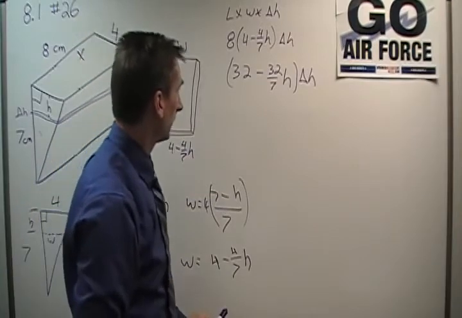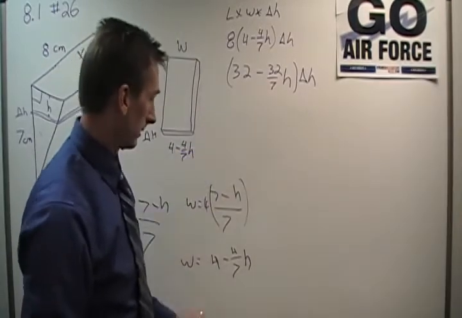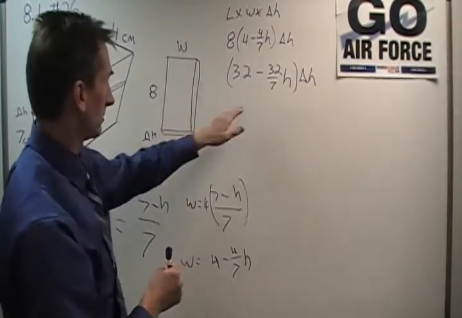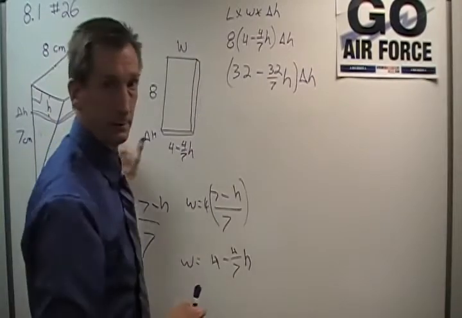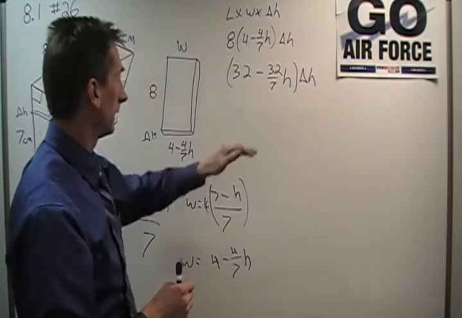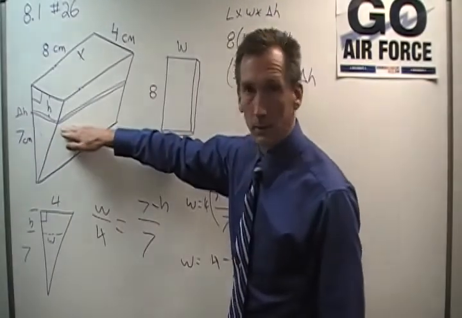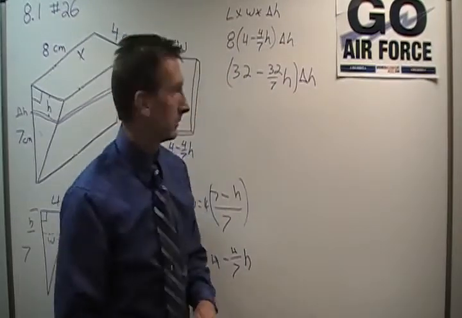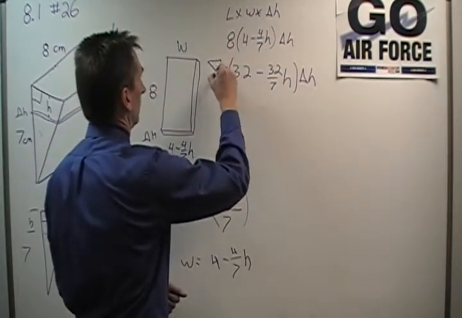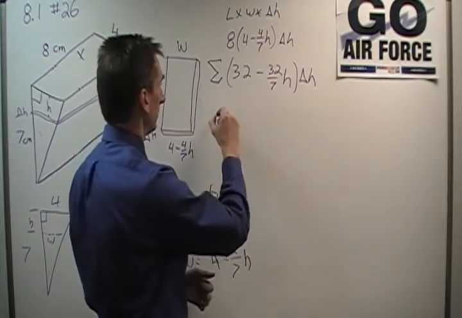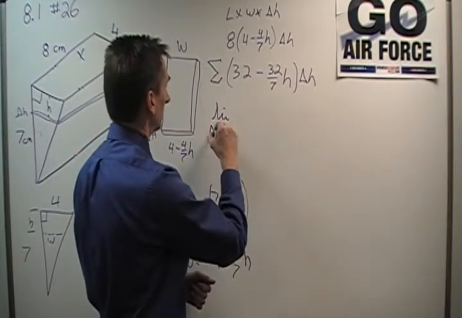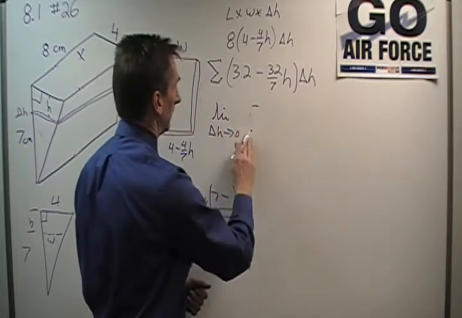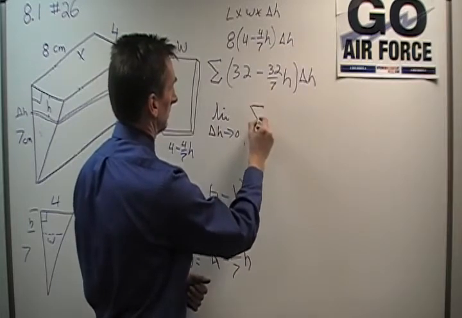Now we have an equation for the volume of one chunk, and it's representative of any chunk I want to pull out of this object. Again, we're going to take all these slices and add them up. We're going to take the sum of all those pieces, and we're going to take the limit as delta h approaches 0, so we can get a very accurate measurement.